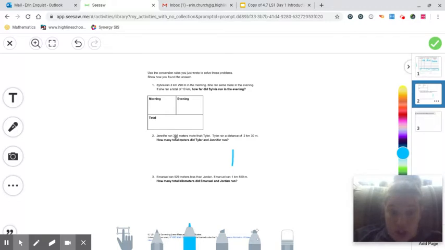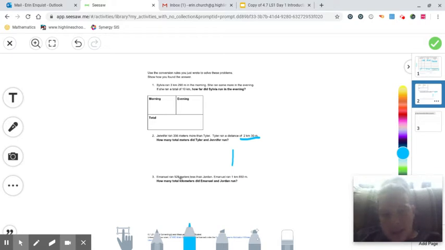Our second question says Jennifer ran 356 meters more than Tyler. Tyler ran a distance of 2 kilometers and 30 meters. How many total meters did Tyler and Jennifer run? Once again, you may need to do the whole idea of changing them and then re-adding them together.